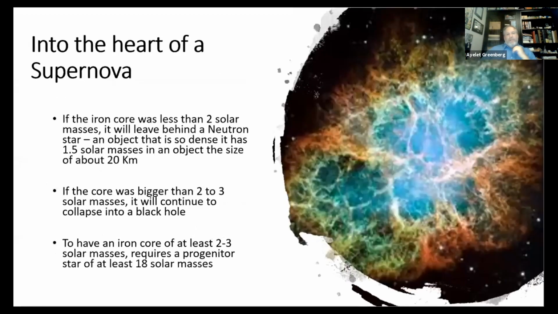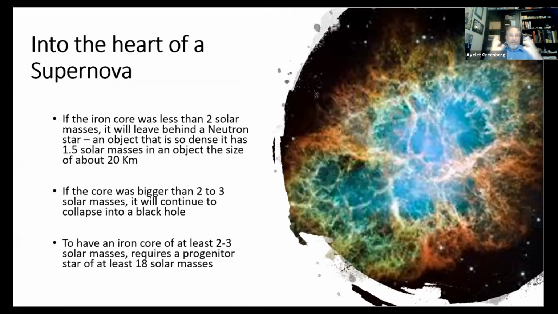And what is left behind depends on the size and the mass of what we started with. If the originating star was between 8 solar masses and around 18 solar masses, you would have a core of iron that's around 1.5 to 2 solar masses.